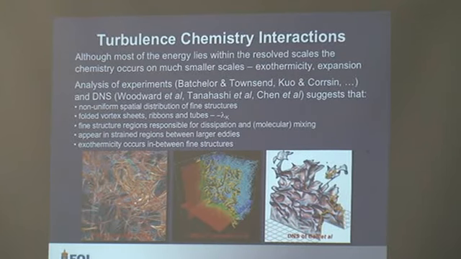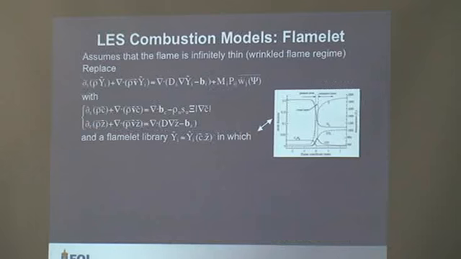Another approach to closure modeling in combustion is to try to build physical models out of this. I have a few slides describing different types of models that we have been working on. The first one is, of course, a flamelet model.